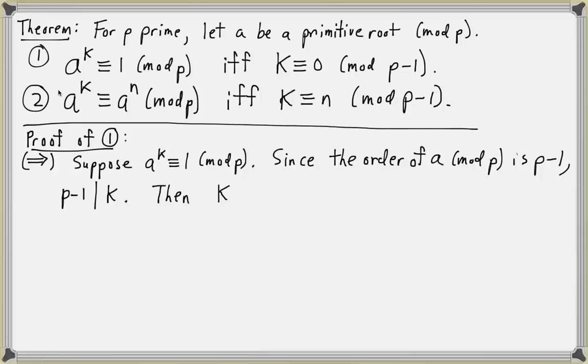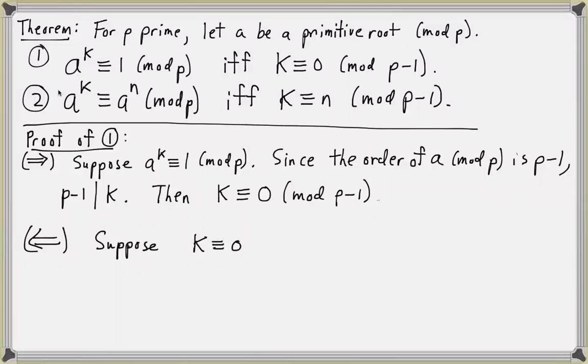Then k must be congruent to 0 mod p minus 1. Conversely, suppose k is congruent to 0 mod p minus 1.